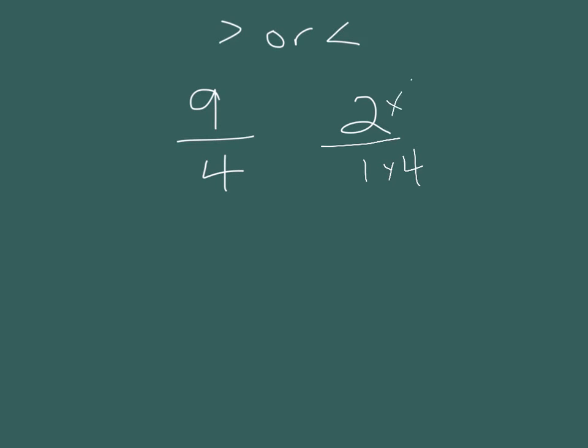You have to do the same thing to both sides, and we end up with 9/4 and 4/4, which of course would be 1. And we can see, comparing the 9 and the 4, that it's obviously greater than. So 9/4 is going to be greater than 4/4.